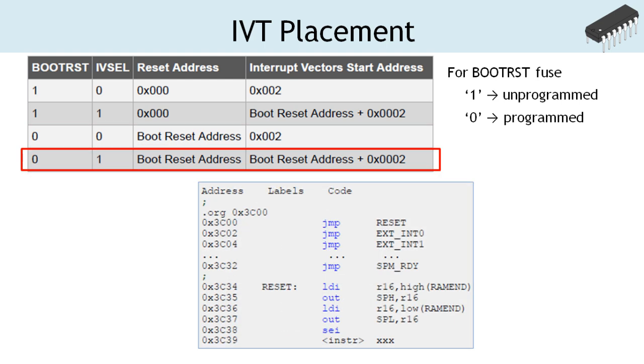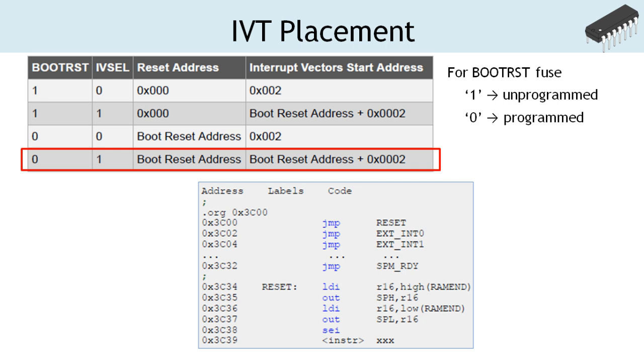When the boot reset fuse is set to logic 0 and interrupt vector select bit to logic 1, the reset vector is placed at the address 3C00 and the interrupt vector table for the rest of the interrupts follows. And the interrupt service routine of reset and other interrupts can be placed appropriately.